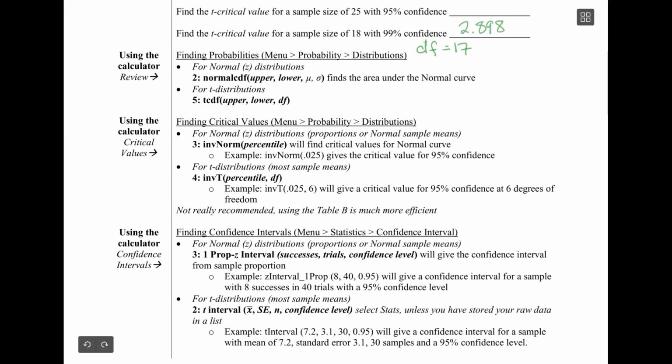The one thing I want to stress, though, is you cannot use the calculator unless you state on your paper, in your planning section, after you've done all of your checks, that you are now proceeding or met the conditions for either a 1 proportion z interval or a 1 sample or 1 mean t interval. And we'll get into that with our first example here. But let's go ahead and go to the calculator and see what the results look like.